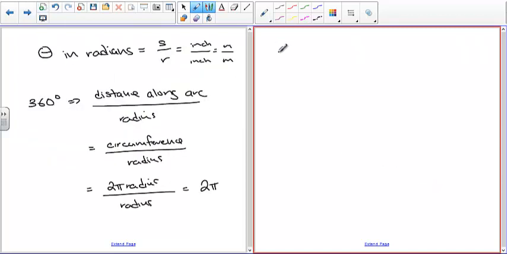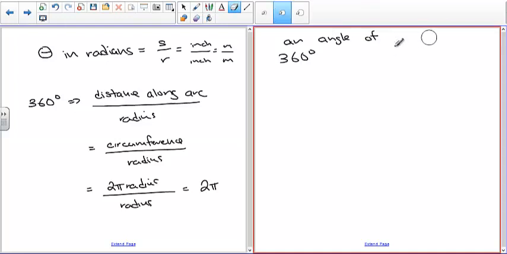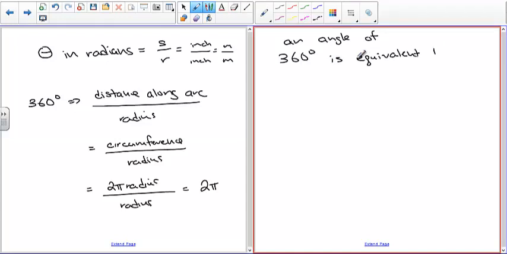So an angle of 360 degrees is equivalent to 2 pi radians.